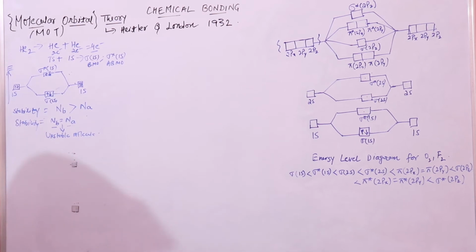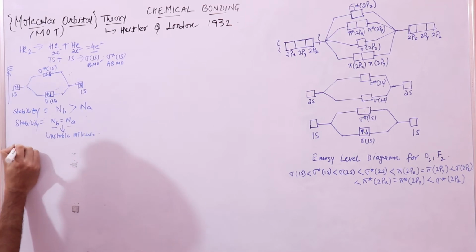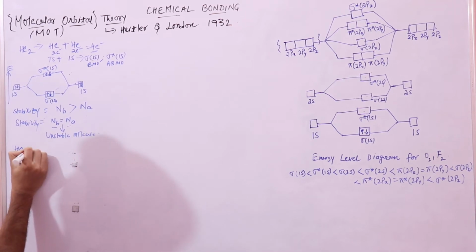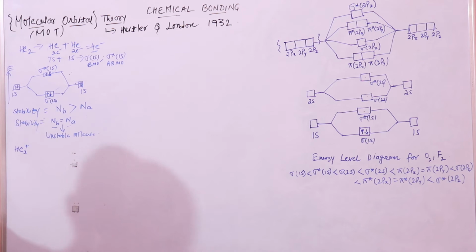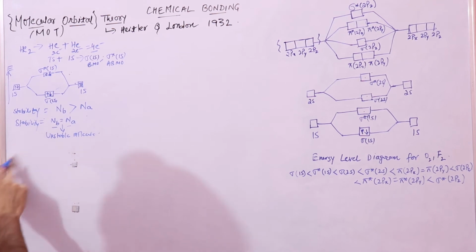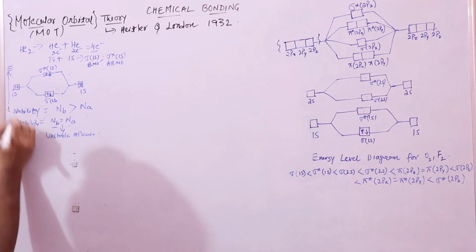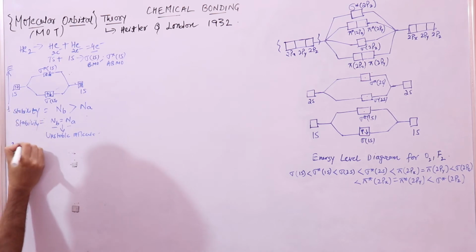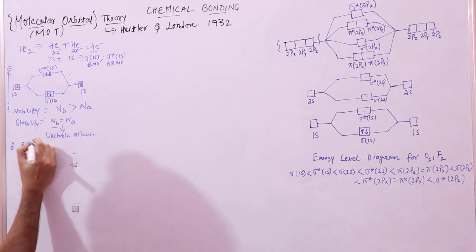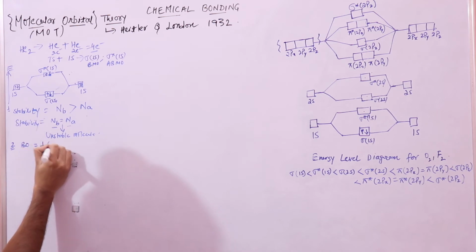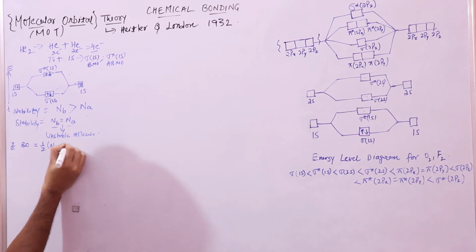Now let's look at the molecule He2 plus. First of all, let's look at the other properties. This was your stability; second is your bond order. Bond order would be half of Nb minus Na.